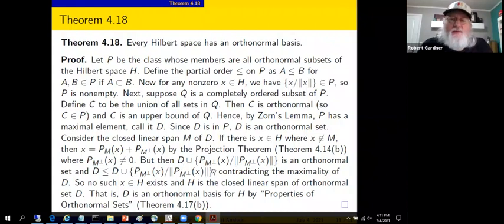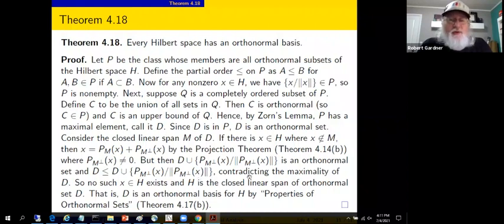Here, we've taken D, we've added a unit vector to it that's orthogonal to everything in D. But then, this is an orthonormal set. That's the reason we normalize that little direction. And it strictly contains D. Here we've got a bigger set that's also an orthonormal set.